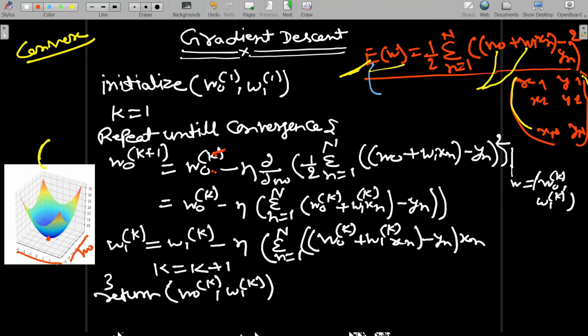So this is, let's suppose, W0, this is W1, and this is the z-axis, which is nothing but our loss or error. So for each and every tuple of W0 W1, we will have some loss. Among this loss, we want to find the minimum loss.